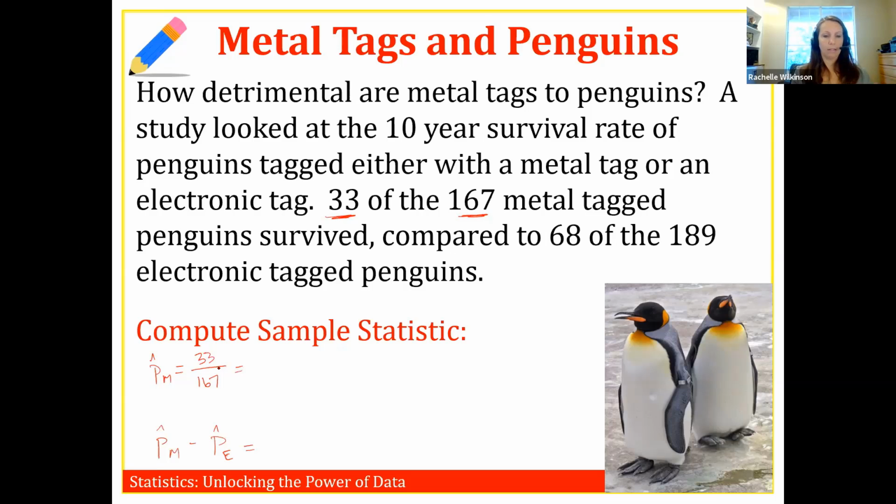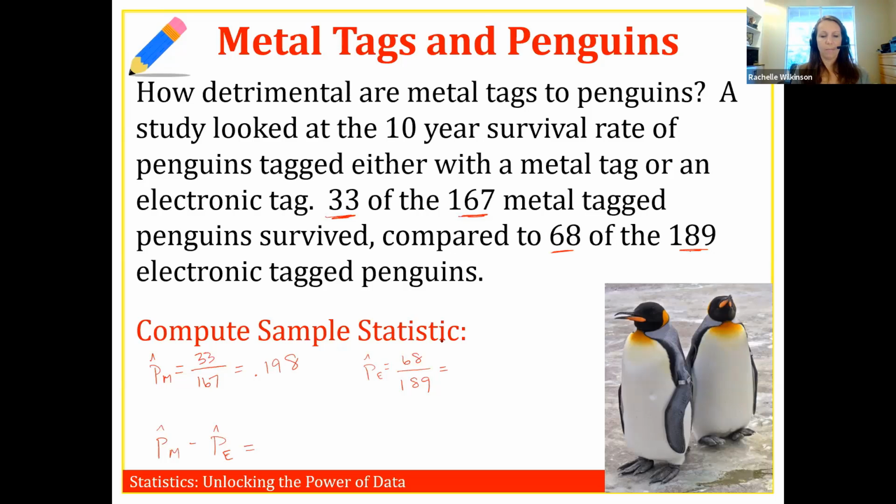So if I do that calculation, 33 divided by 167, then I get 0.1976, so that would round to 0.198. And then P hat E, for the electronic tags, it says that there was 68 out of the 189 electronic tagged penguins. So that's going to be 68 out of 189.